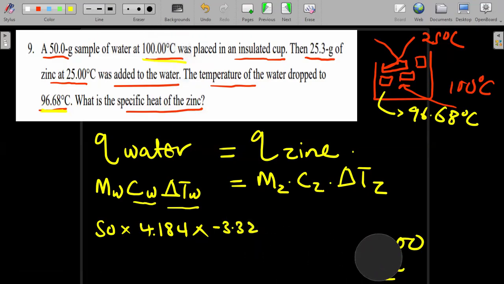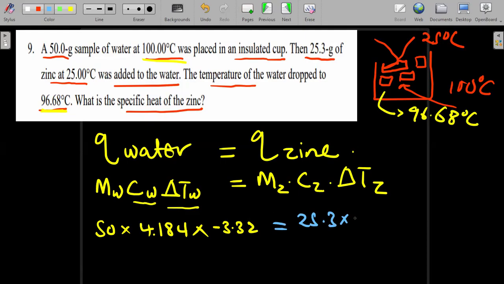Because energy is being lost there. No wonder it's negative. So this here should be equal to the mass of the zinc, which is 25.3, multiplied by its specific heat capacity, I mean the specific heat of the zinc that we want to find.